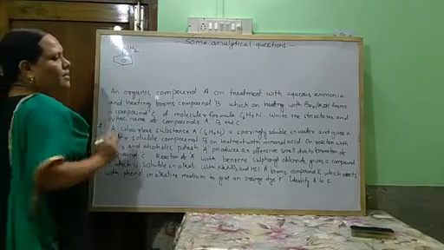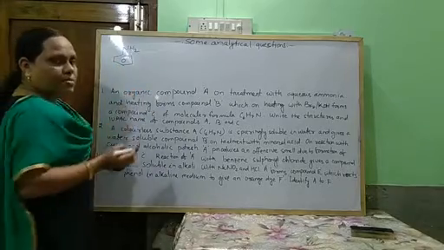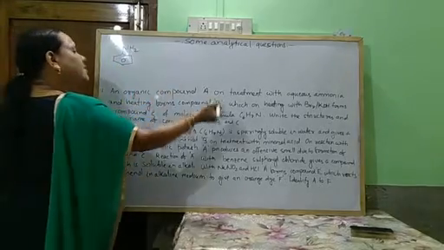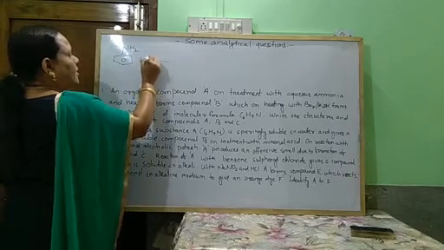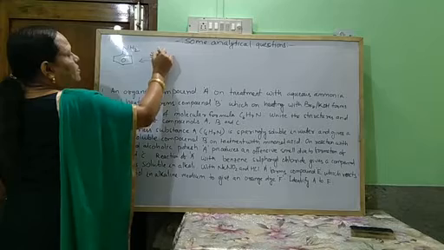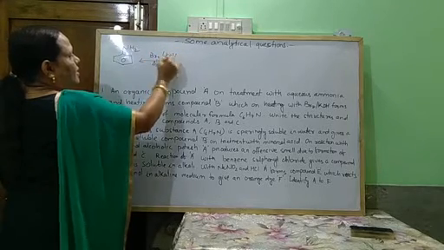That is your aniline. And this aniline is formed by Hofmann bromamide degradation. Then what is that amide? That amide is benzamide, with bromine and potassium hydroxide on heating.